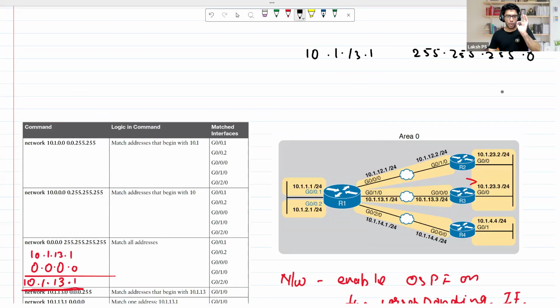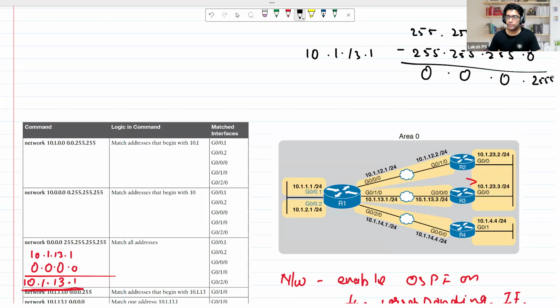Now, just to give you a small tip, how is the wildcard mask created? Subtract every octet by 255. So you have 255 minus 255 is 0, 0, 0, 255. This is your wildcard mask.